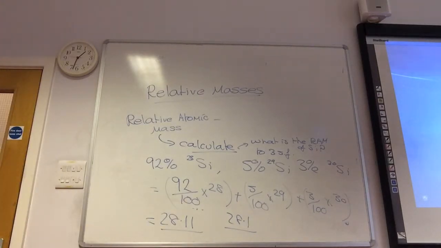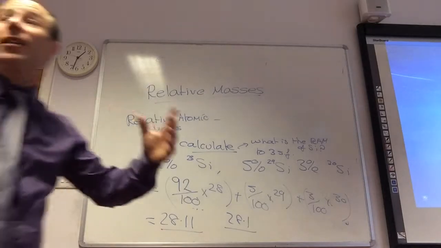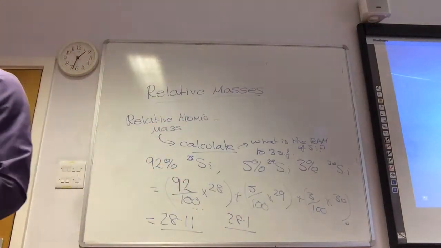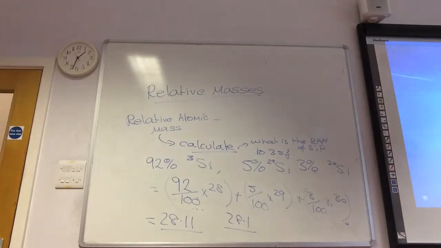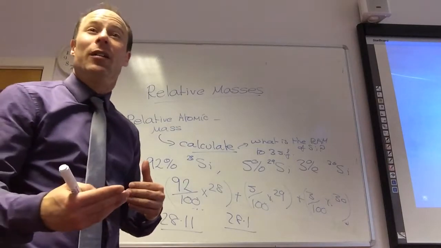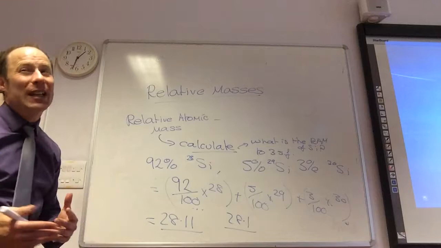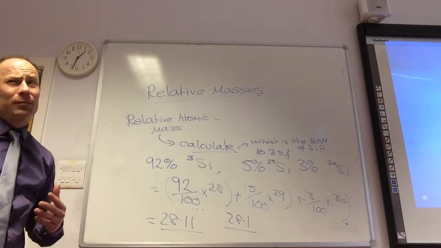Then you have the relative molecular mass, where you add up all the relative atomic masses of a molecule. Relative formula mass is a similar thing, but you use that for ionic compounds. Molecular mass, really, you should be talking about molecules.